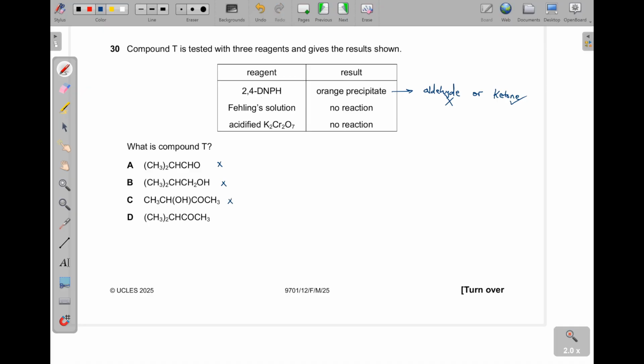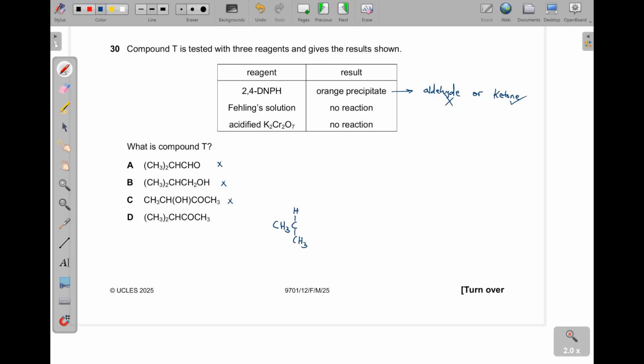Okay, but then this one here, it is CH3, then C, we have a hydrogen here, then we have another methyl group. Actually, let me put the methyl group down here, and then maybe the hydrogen here.